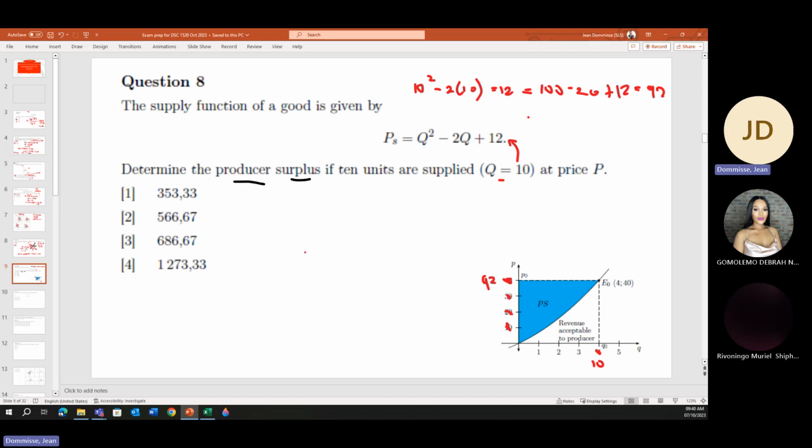When we are working out the producer surplus, we're going to work out the triangle, which is that whole area. Then we must take away the piece underneath, and that part we actually get by using the integral.